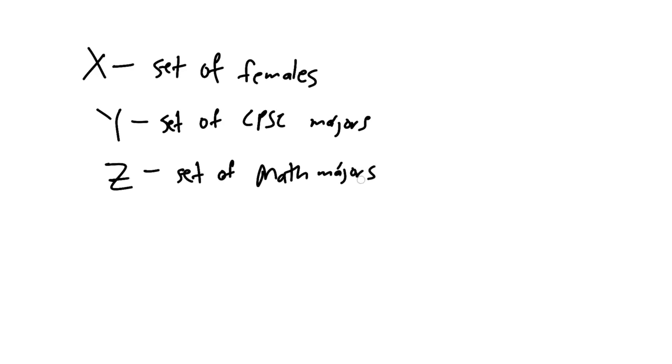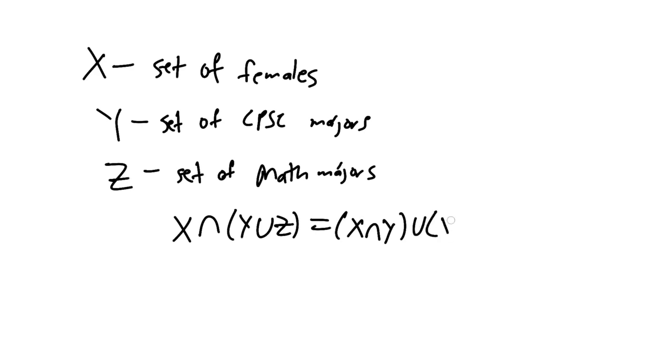So suppose those are our three sets. We're specifying them intentionally now, not extensionally, because we want to make sure that this aligns with our intuition. Does it in fact make sense that X intersect Y union Z would in fact be equal to X intersect Y union X intersect Z?